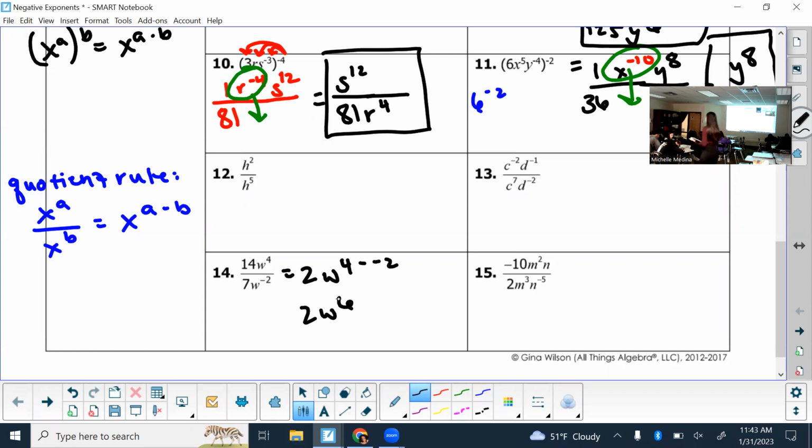If you don't believe me, put it in your calculator and see. 4 minus a -2 is a +6, because that double negative turns into add. Do I need to move anything in this one? All right, there's no negative exponents in that one, so that one it's already good. Let me see if there's any tougher ones.